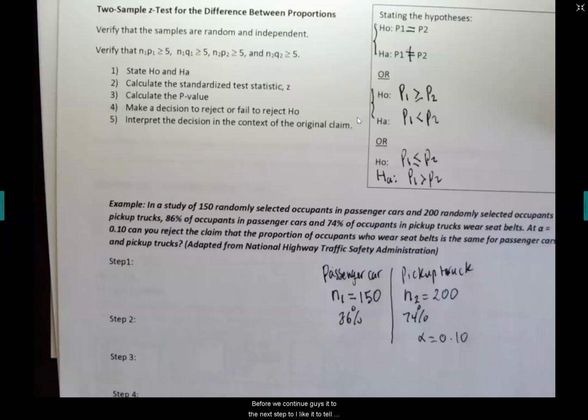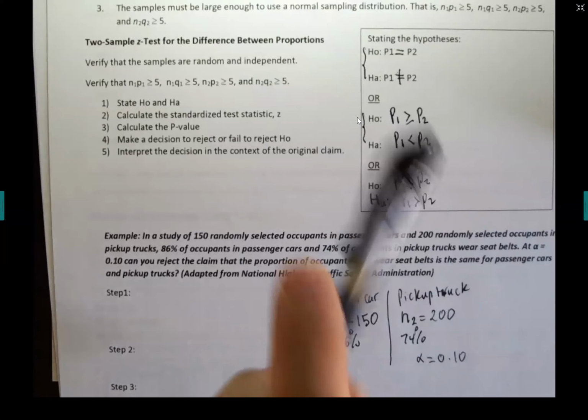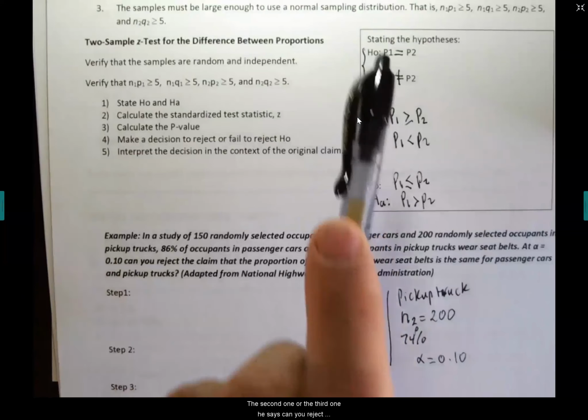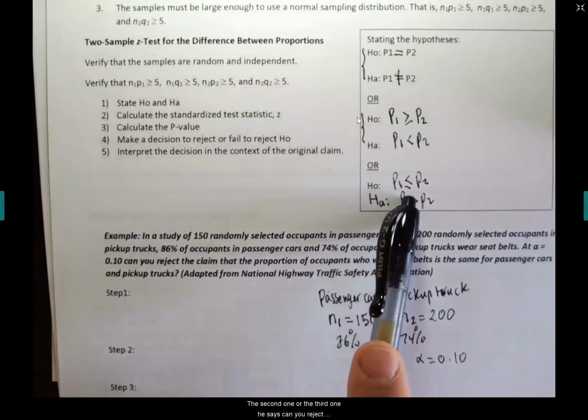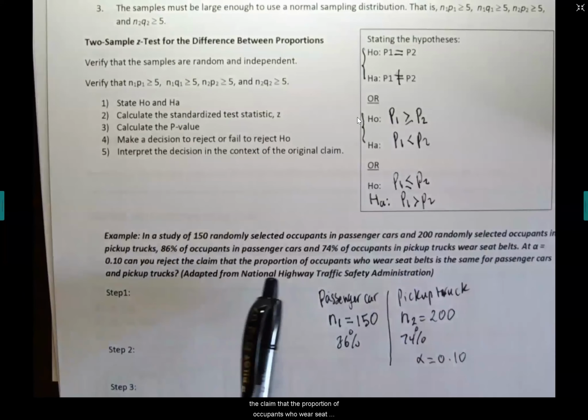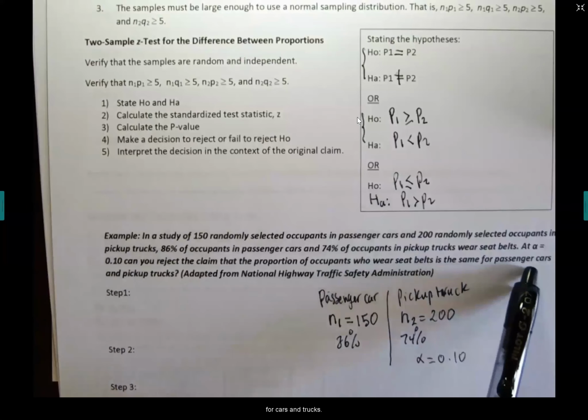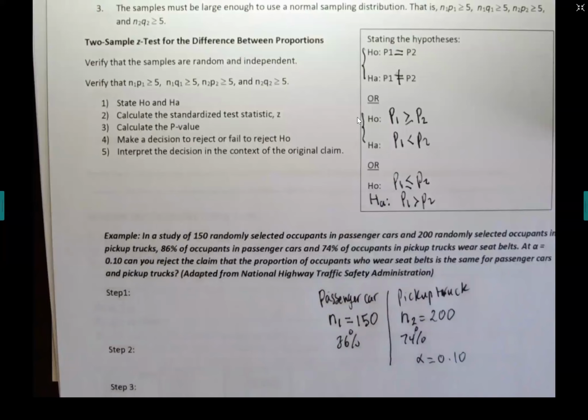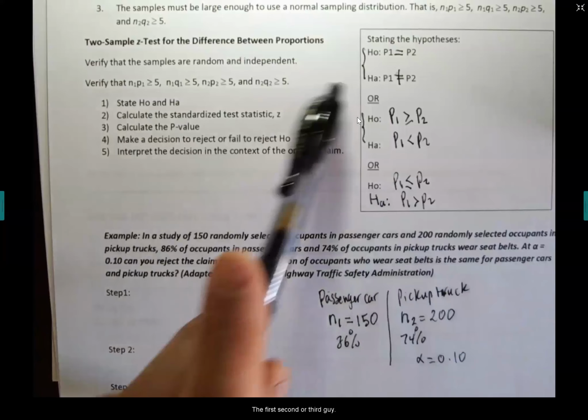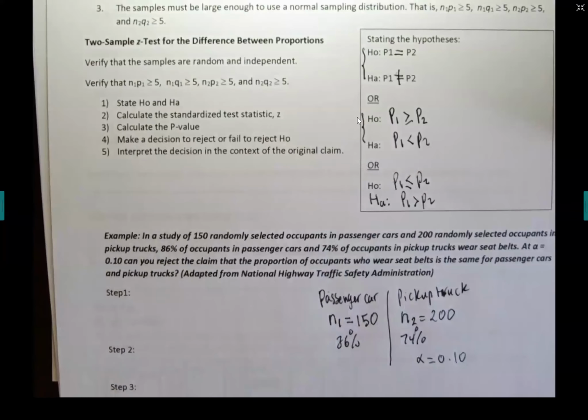Before we continue, guys, to the next step 2, I'd like you to tell me what you think step 1 is going to be. Is it going to be the first one, the second one, or the third one? He says, can you reject the claim that the proportion of occupants who wear seat belts is the same for cars and trucks? So first, second, or third, guys?